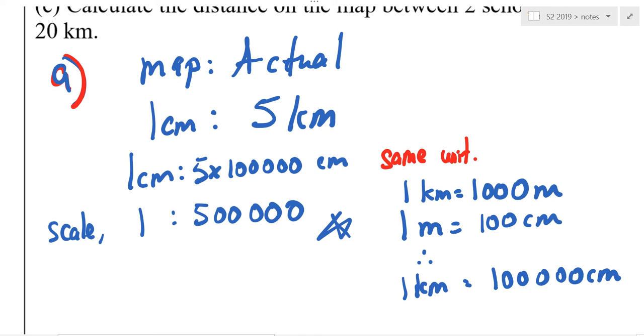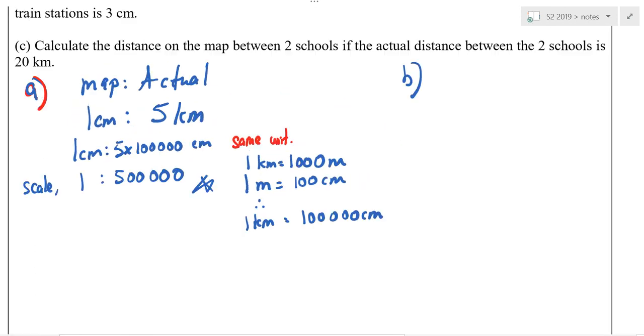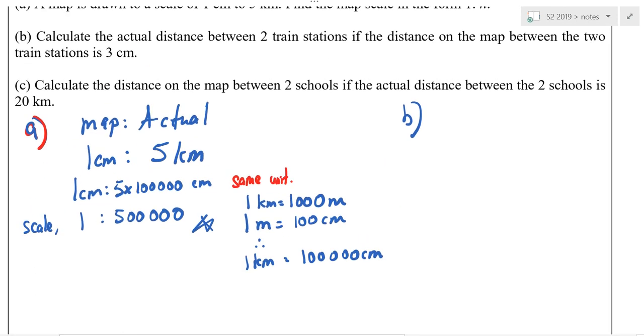Now, next, B. Find the actual distance if the distance on the map is 3 cm. Question: do I use the scale or do I use the one given?